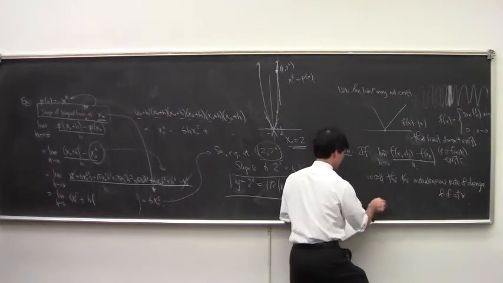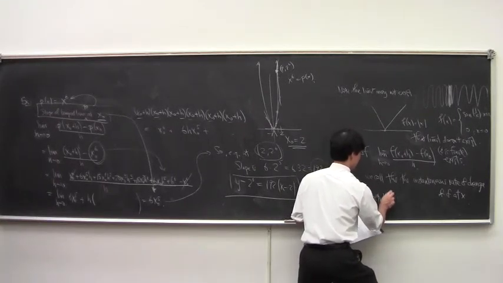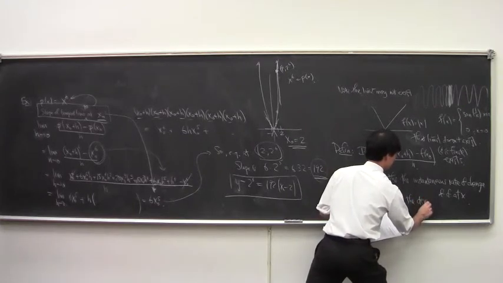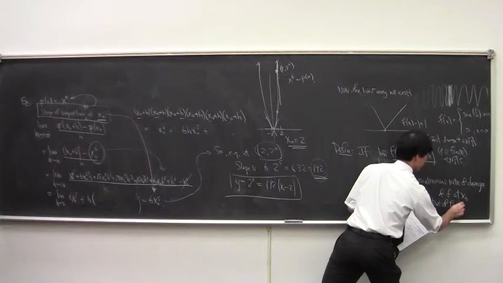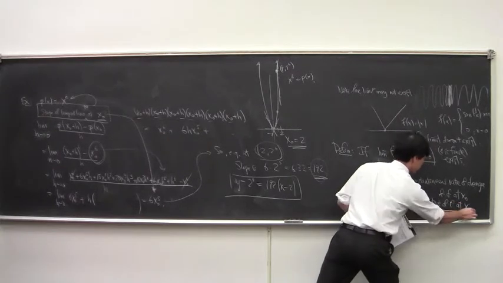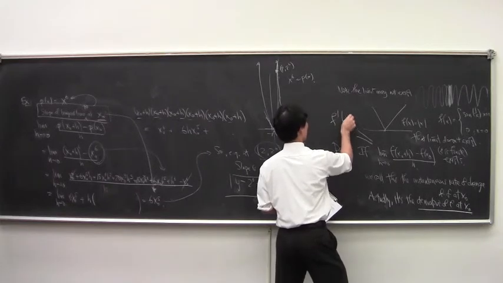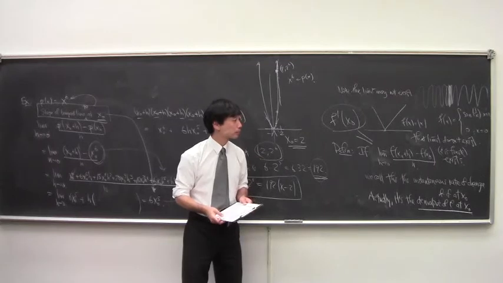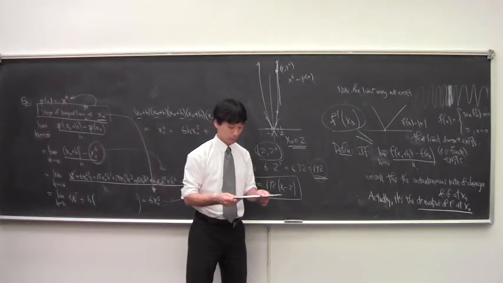And more properly, it's called the derivative of f at x naught, and you denote it by f prime of x naught, if it's finite and exists.